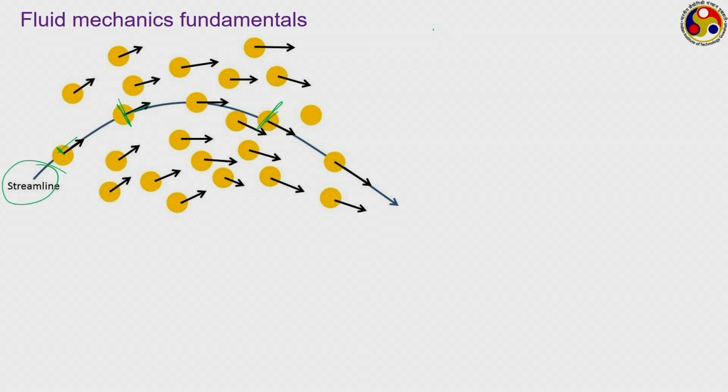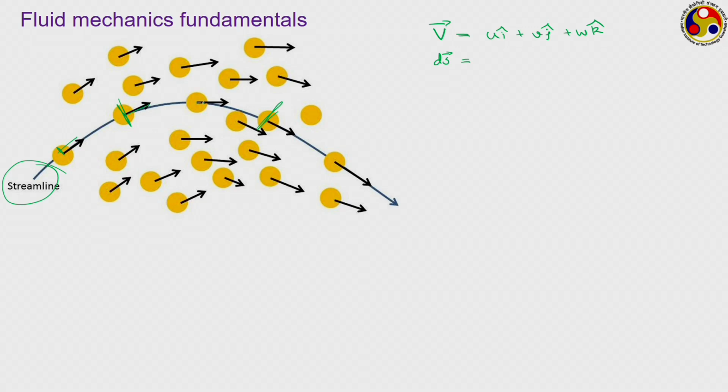Let us say V refers to the velocity vector in a flow stream, which in a 3-dimensional stream can have 3 components. Let us say u, v and w are the 3 velocity components of this vector, and ds refers to an infinitesimally small displacement along the streamline, an infinitesimally small segment of the streamline.